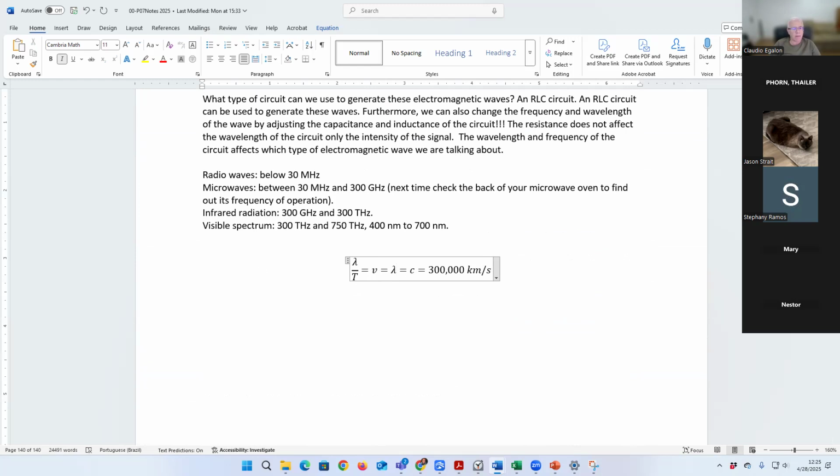Instead of dividing by the period, we can multiply by the frequency and get the same result. So for the case of electromagnetic waves, this velocity is the velocity of light, just like we had before. Here goes c, 300,000 kilometers per second.